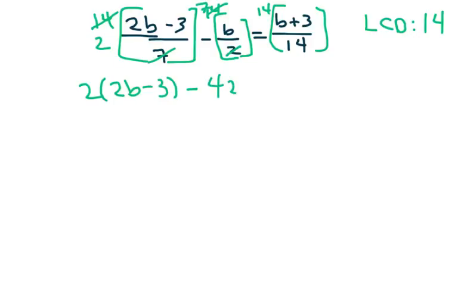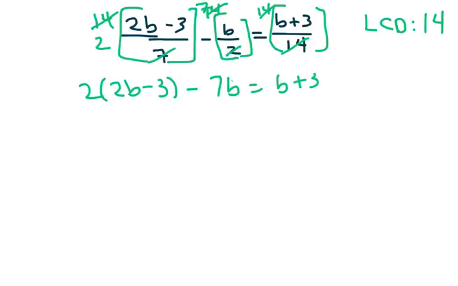Oh, that's a b. Is that a b or a 6? That's a b. Sorry about that. That's going to be 7b. 14's cancel here, so we're just left with b plus 3.